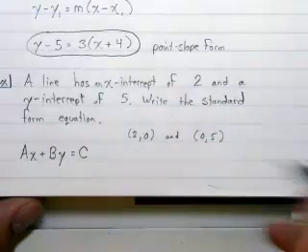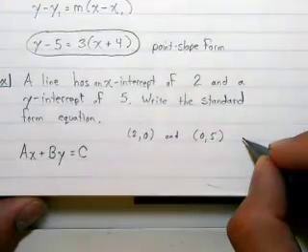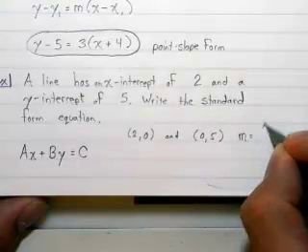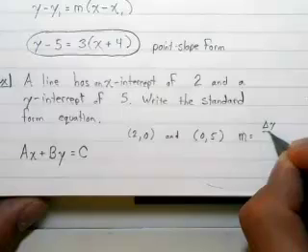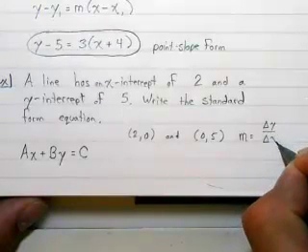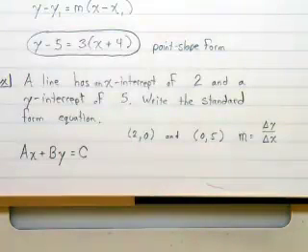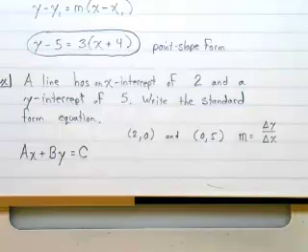Rise over run is one way that we've described it in the past. Another way to look at it is that m is the change in y over the change in x. It is the rate of change of y to x.